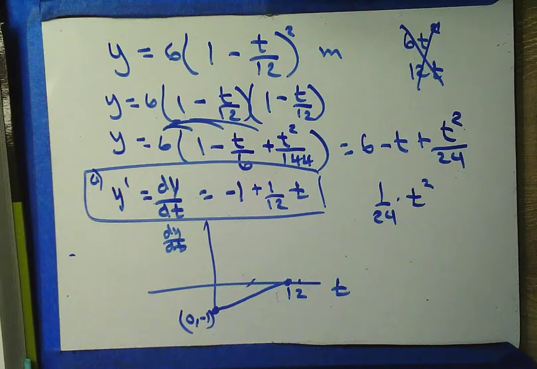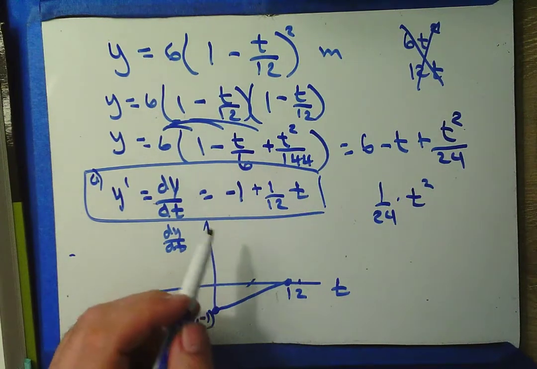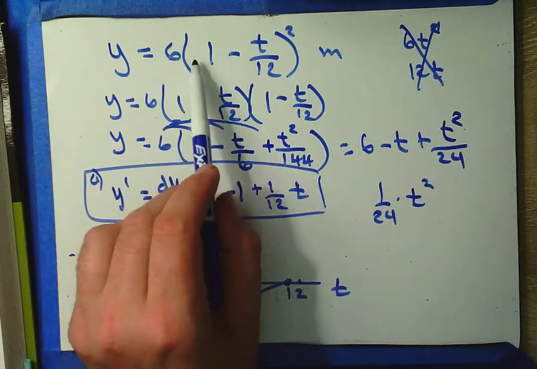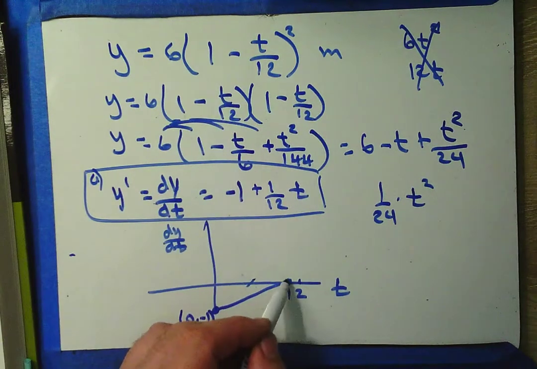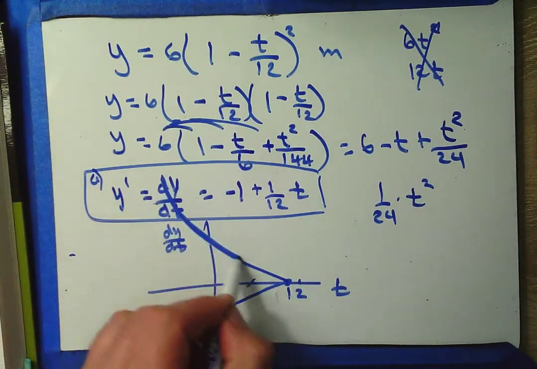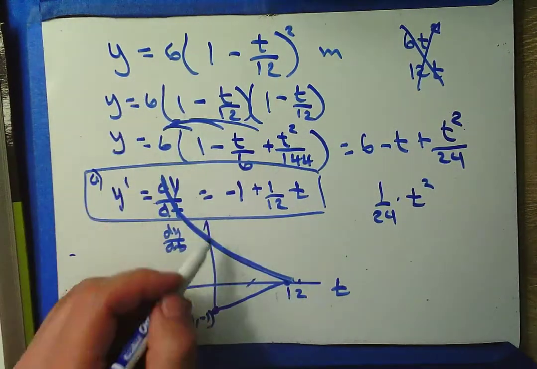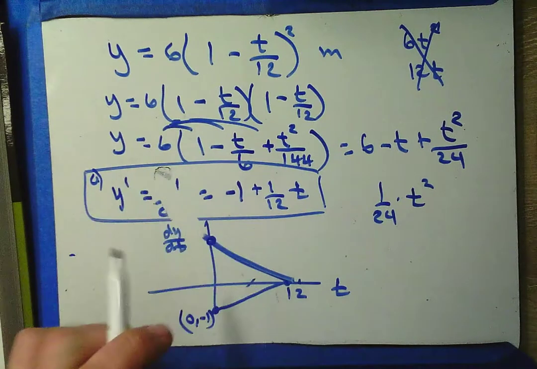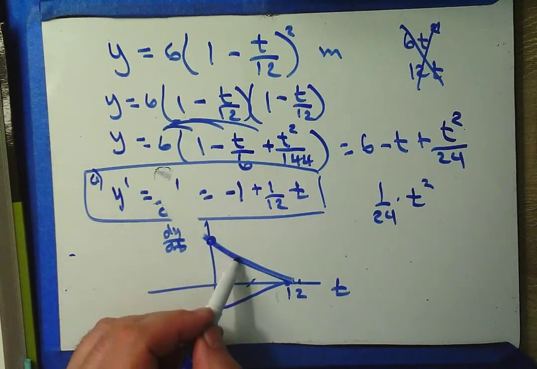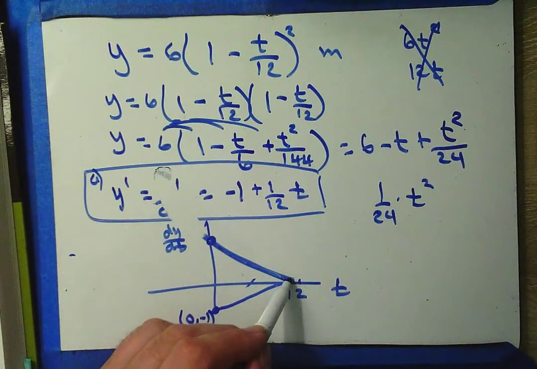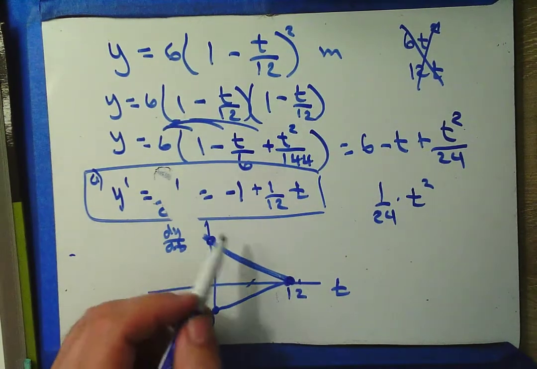It says graph y and dy dt together and discuss the behavior in relationship to the signs and values of dy dt. All right, well, let's think about that. And our original function was a parabola shifted over, and so here's my parabola graph, and what we see here is the level is decreasing, decreasing, decreasing, decreasing until at time equal to 12, the level, this is y.